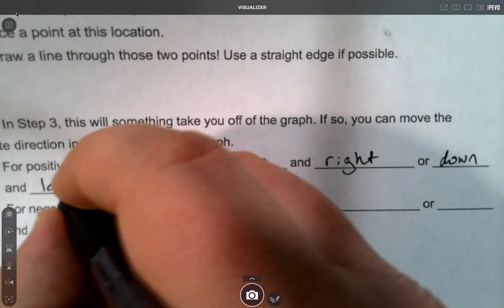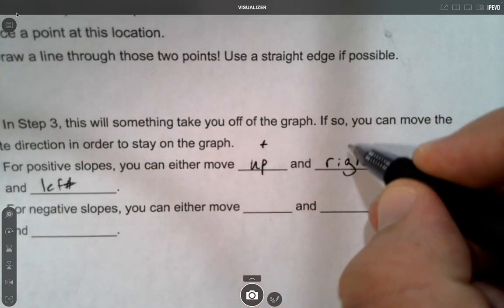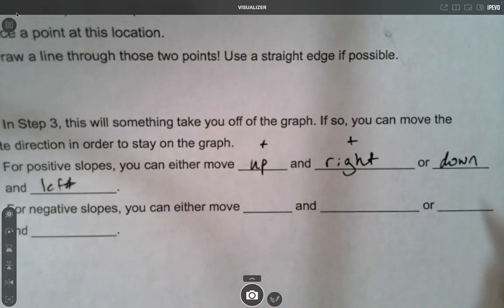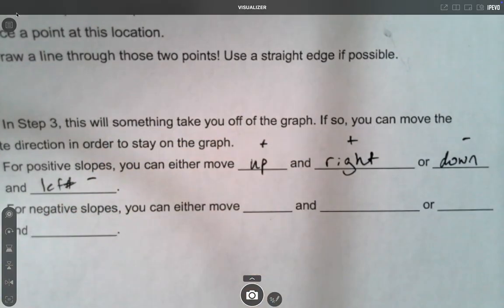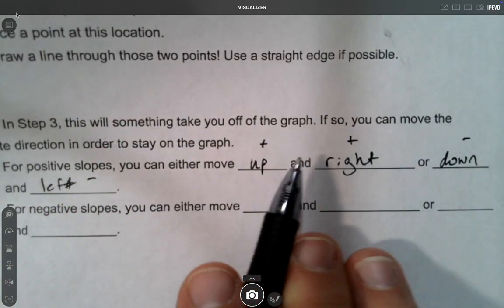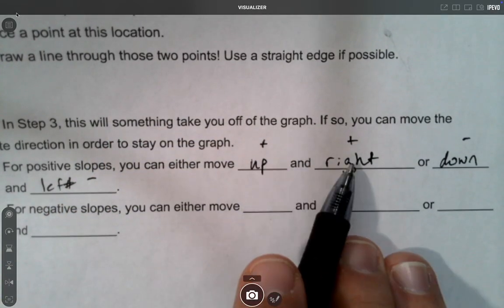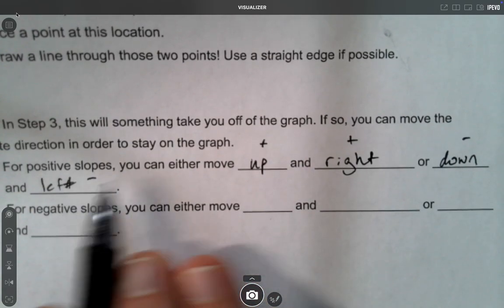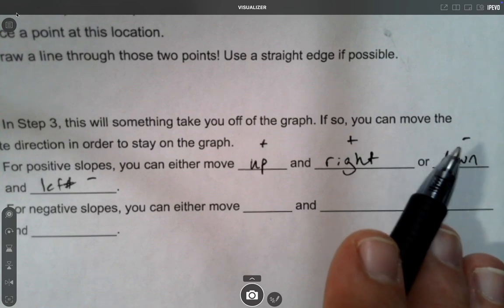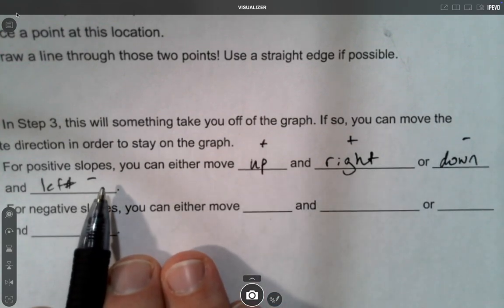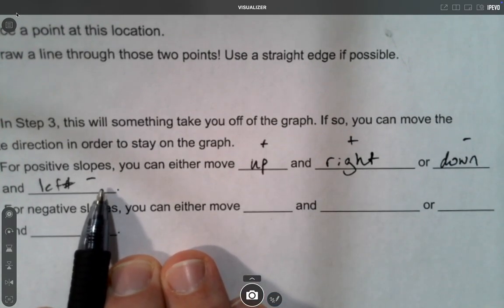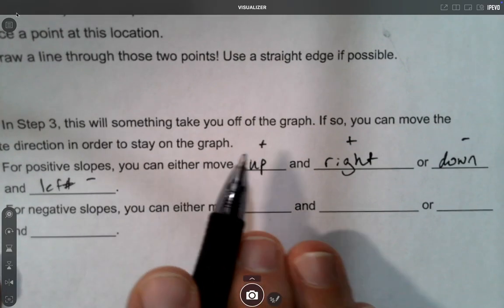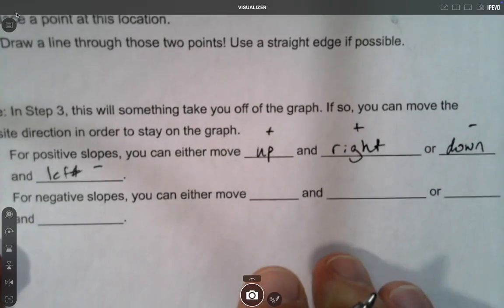As far as graphs are concerned, up and right are both positive. Down and left are both negative. If we move up and right, that's a positive slope. If we move down and left, that's 2 negatives put together. We know 2 negatives make a positive when you multiply or divide, which is what we're doing. So that's why it's okay to move up and right or down and left.